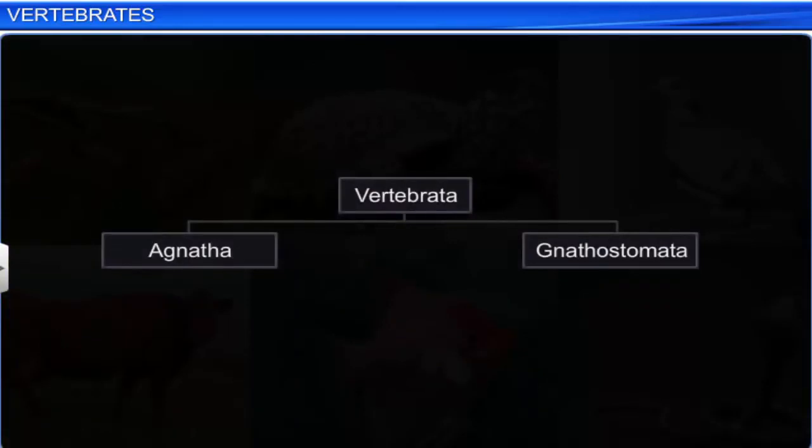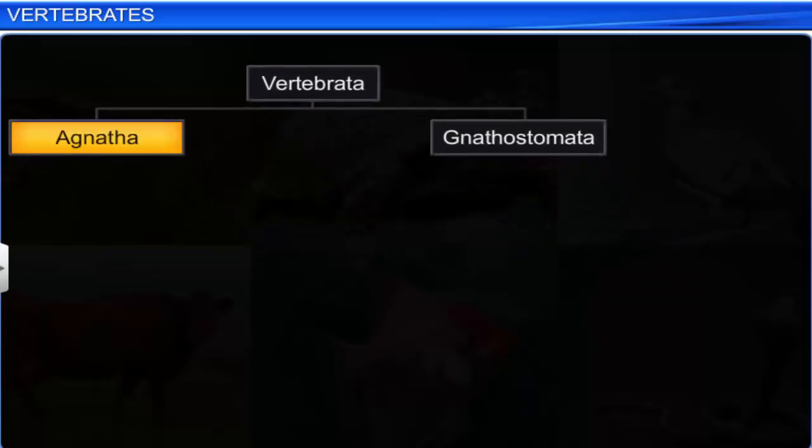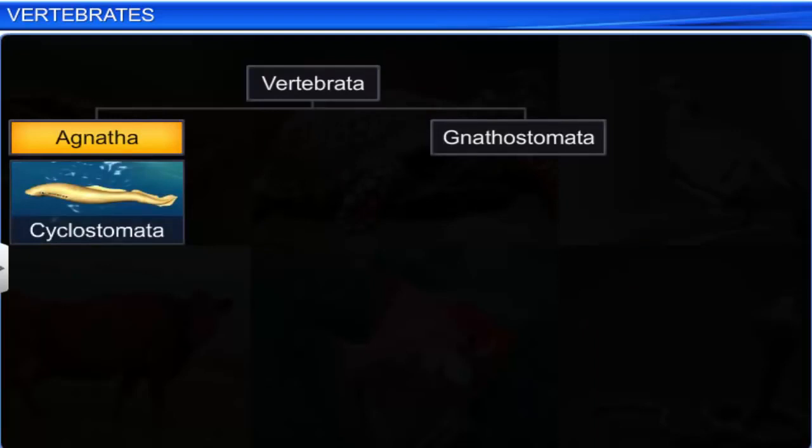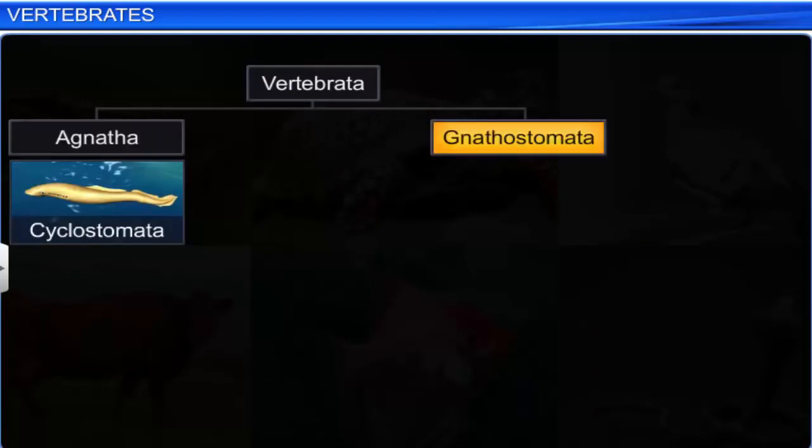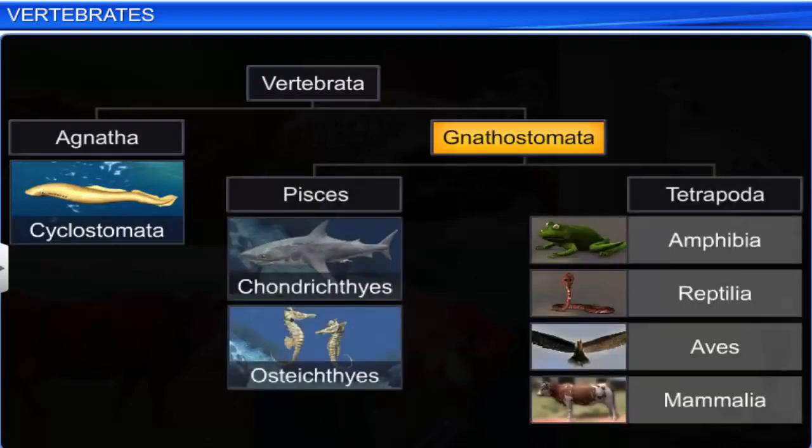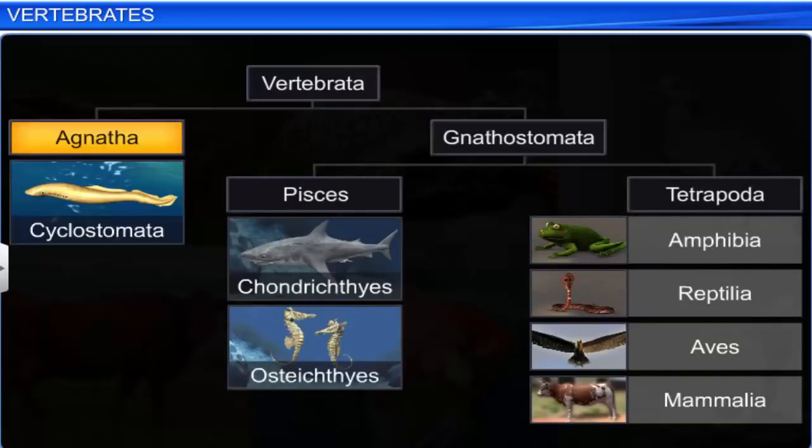Based on the presence or absence of jaws, vertebrates are classified into two divisions, Agnatha and Gnathostomata. Agnatha includes jawless vertebrates, while Gnathostomata includes jawed vertebrates. Agnatha has just one class, Cyclostomata.